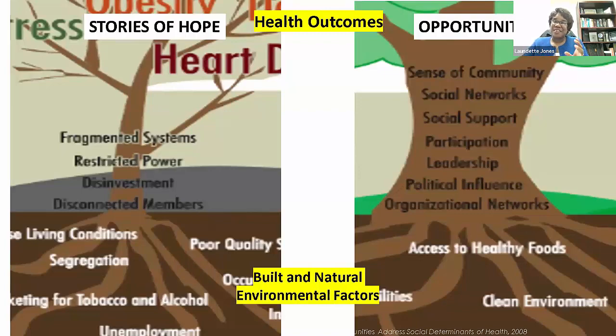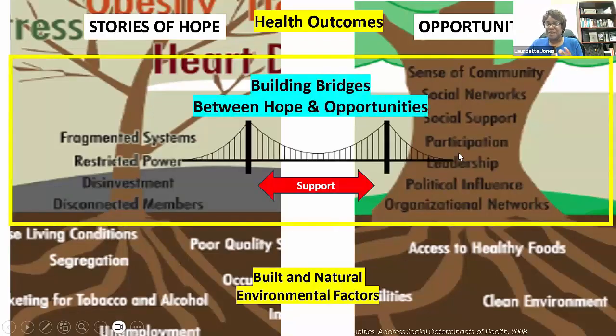If we just work in partnership with communities that have social networks and organizational networks that can provide the support, we can begin to build bridges. I like to call it building bridges between hope and opportunities. And that's really the basis of my lab.